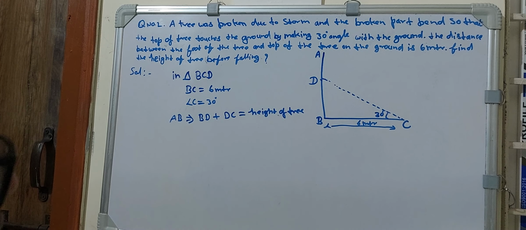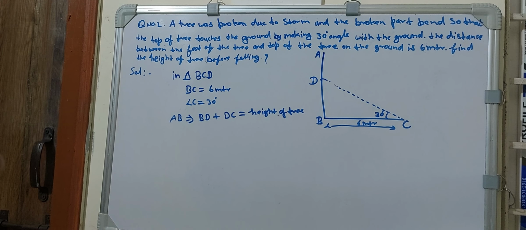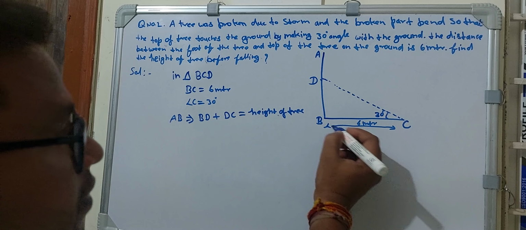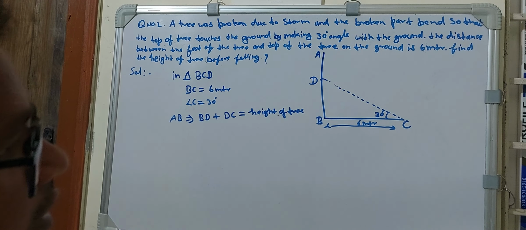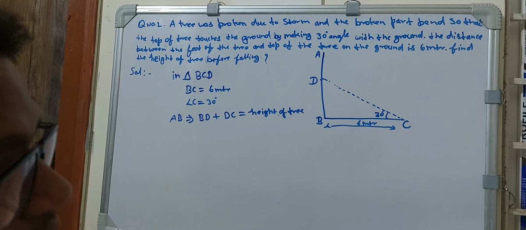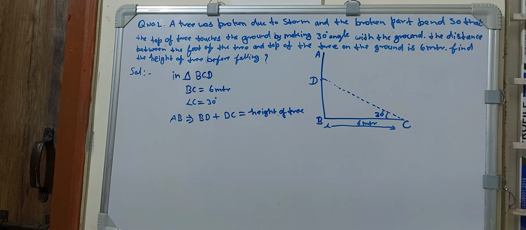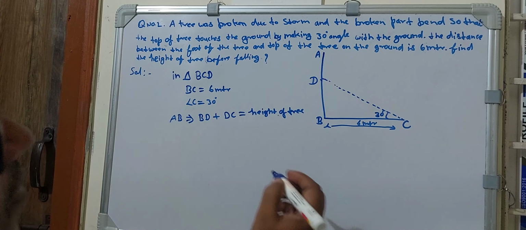Okay, so as we know, in a triangle BCD we have to apply trigonometric ratio. So in this they have given adjacent, and we have to find either BD or DC. So in that way we have to think which trigonometric ratio we can use.